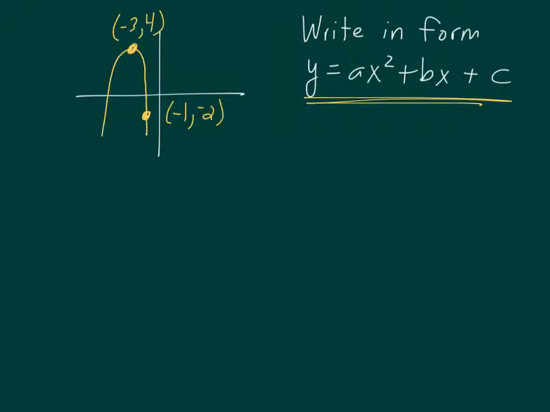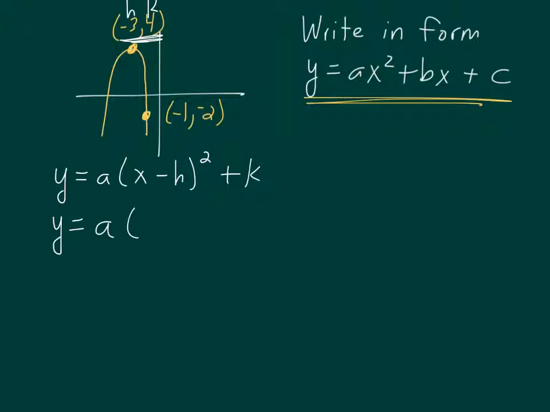Instead, we're going to go first to vertex form and then do some algebra at the end. So here is what we said was the general template for our vertex form. We know the vertex is -3, 4, so that has really given us our h and our k. So we have y equals a.